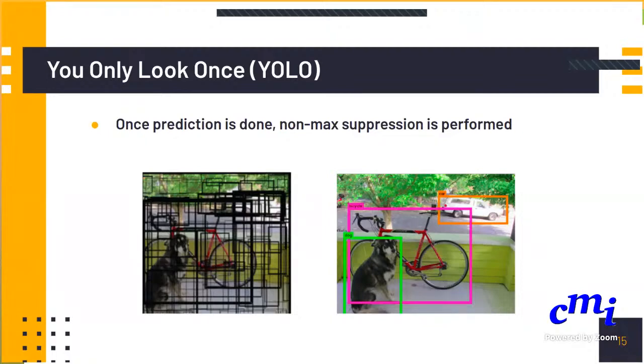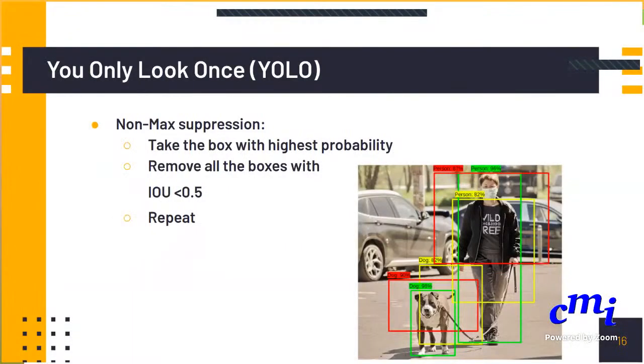To perform non-max suppression, there are several steps. Basically, it's quite simple, so let me explain it with an example. Here on your right, there are two objects, a human and a dog. First, we pick the box which has the highest probability.